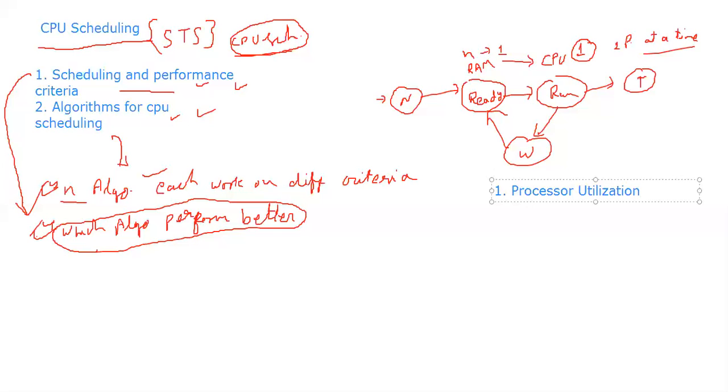Even for all the algorithms, once we design them, there are different things through which we prove them. For example, suppose you have created one algorithm and you think that this algorithm is quite new.